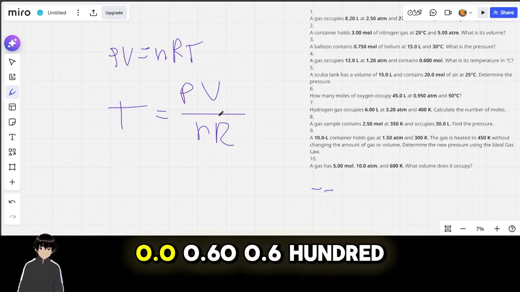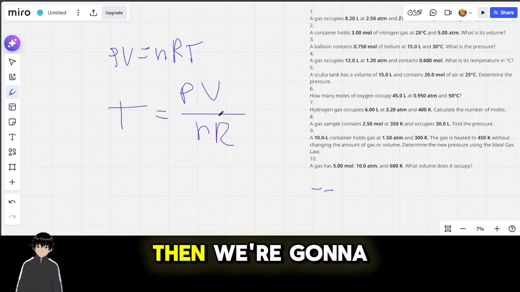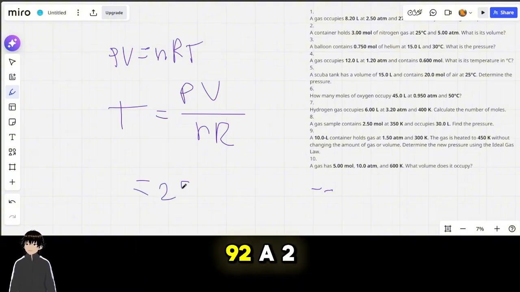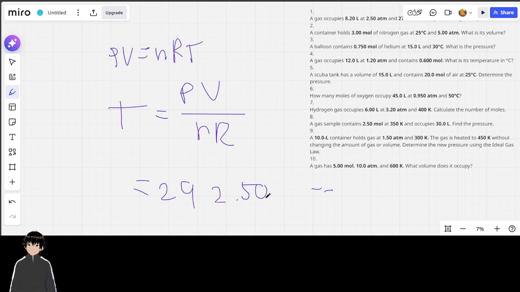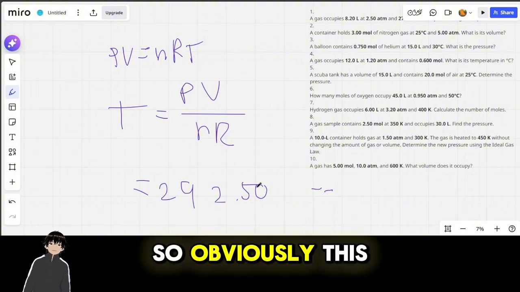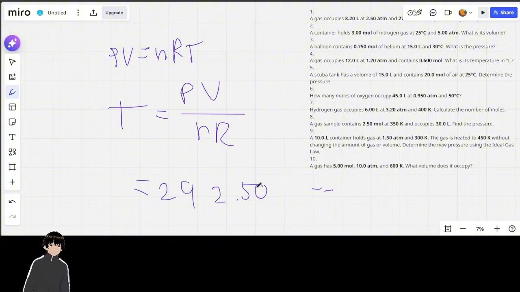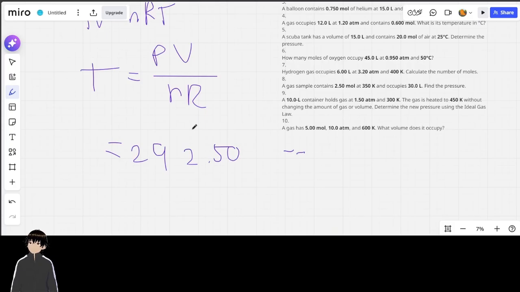So we have 0.600 times 0.08205. Then we're going to have 292.50 in Kelvin.